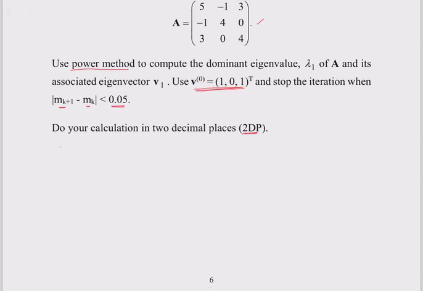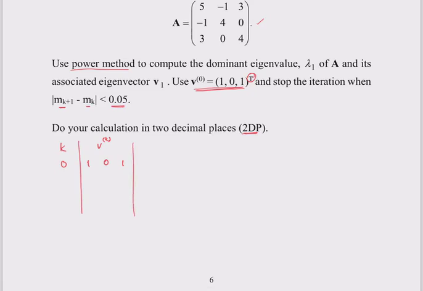So the first thing that we must do is to draw our table. We have our iteration k starting at 0, and we have our v k, where v0 is given as 1, 0, 1, in transpose form. We already know this, bear in mind.